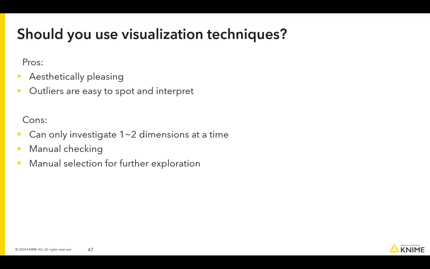So why are they outliers? You can see, for example, they don't fit in any of the groups if you have the groups of data. At the same time, you can only check 1 or 2 dimensions at a time, because we can build maximum 3-dimensional plots, and then you still need to check manually.